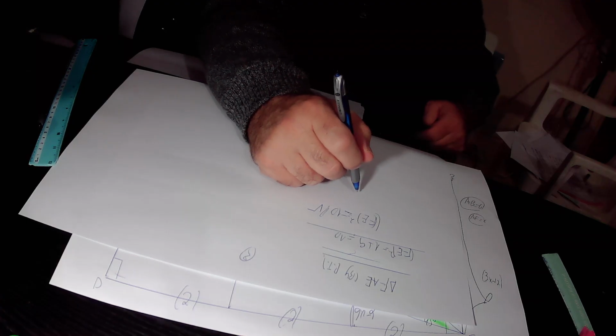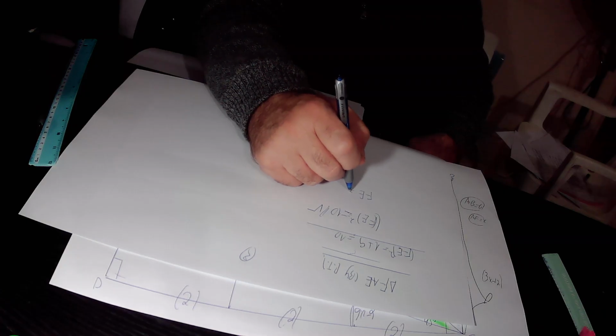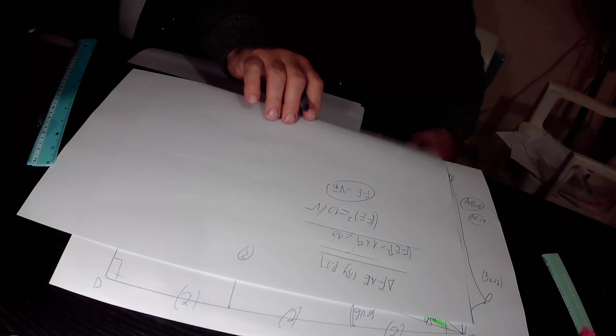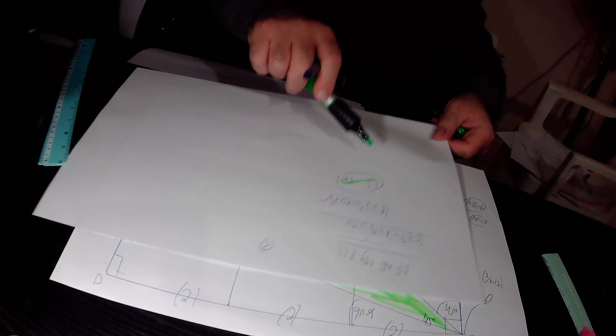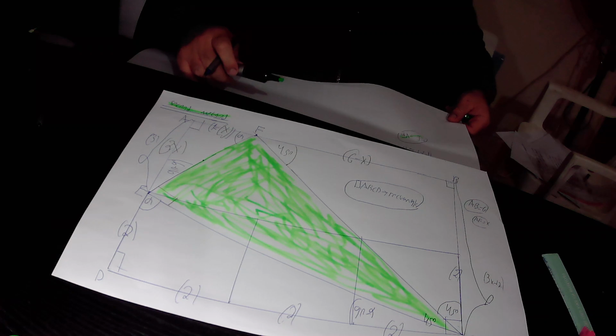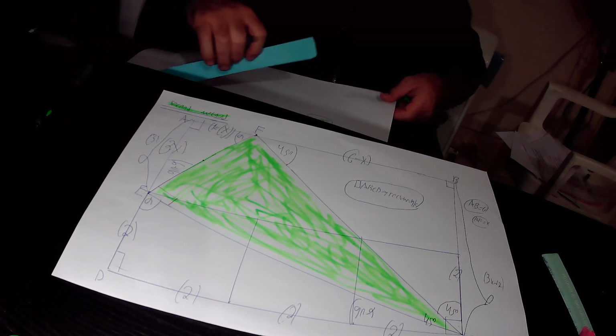We get that the missing hypotenuse FE is equal to the square root of 10 units in its length.